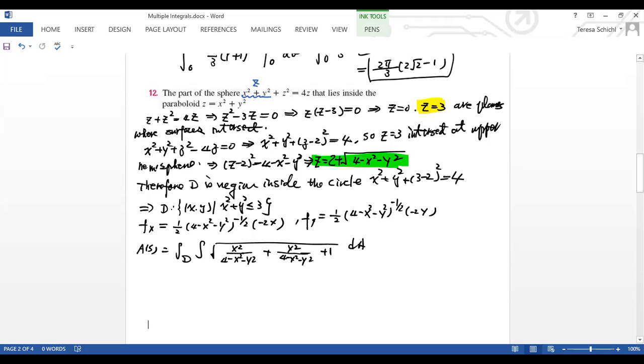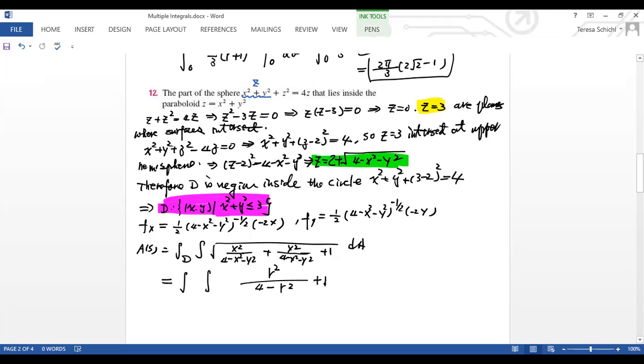Okay, so this looks pretty complicated. Also, we know the integration region is a circle here. So probably let's try to change to polar to see how simplified we can get. Okay, so here, x squared plus y squared is r squared, right?